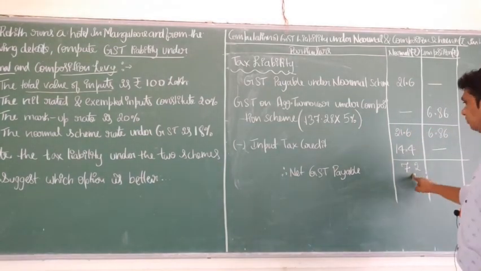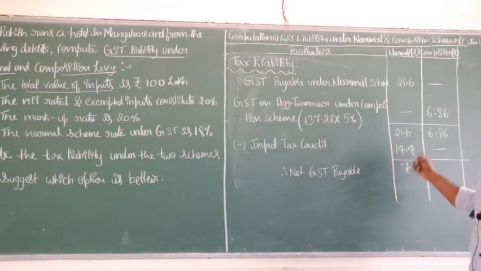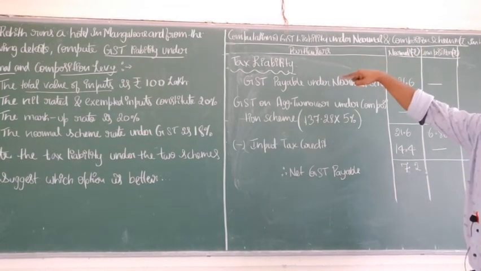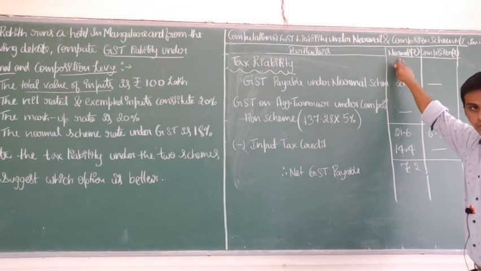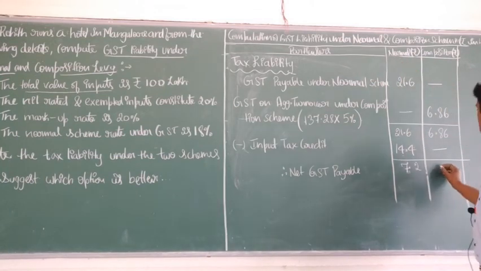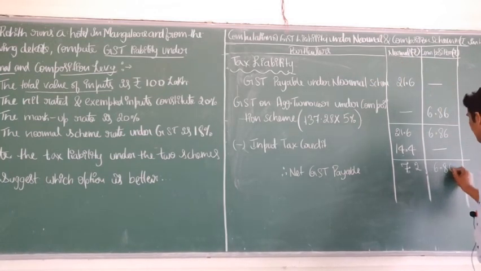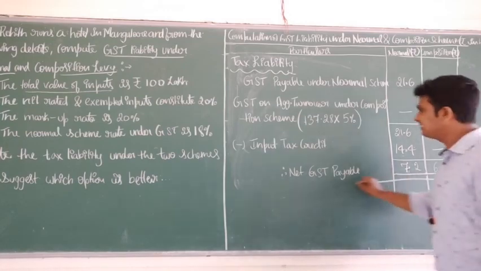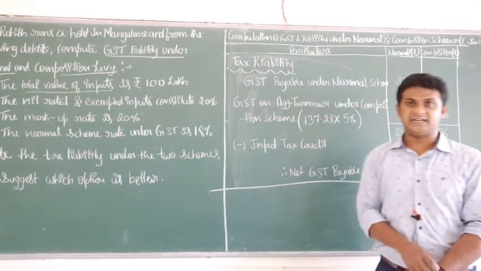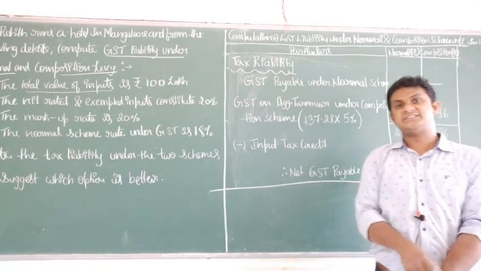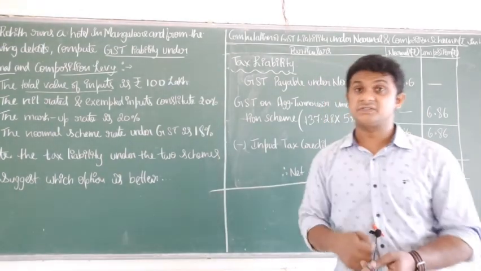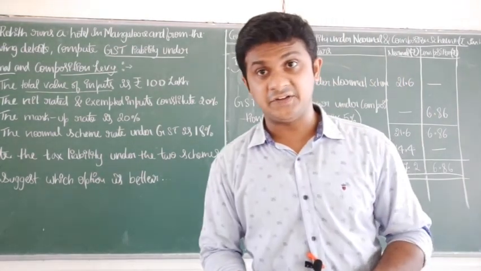So 7.2 lakhs is the net GST payable by Rohit to the government if he is opting for normal scheme, whereas in case of composition scheme the tax liability will be 6.86. So if we see the net GST payable under composition scheme it is comparatively lesser, right?